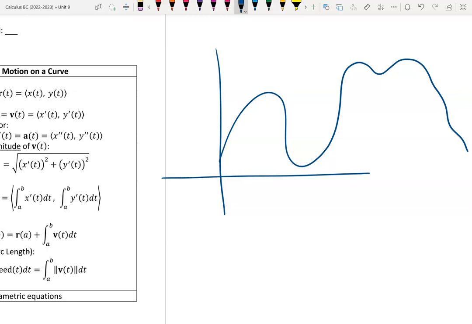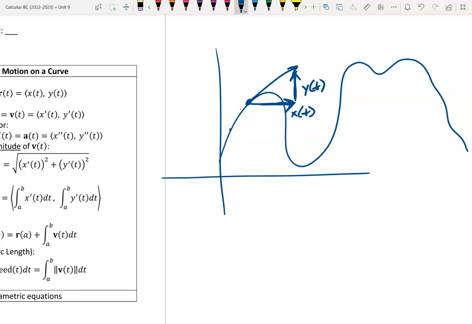So instead, now we're going to have our motion, if we think of it as a vector, have both our horizontal component with the x of t and a vertical component with the y of t going on at the same time.